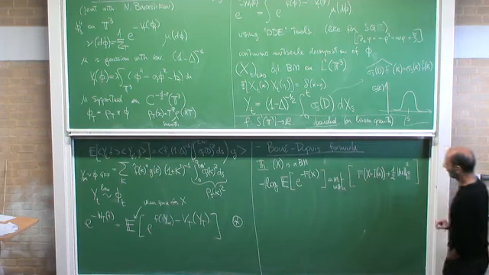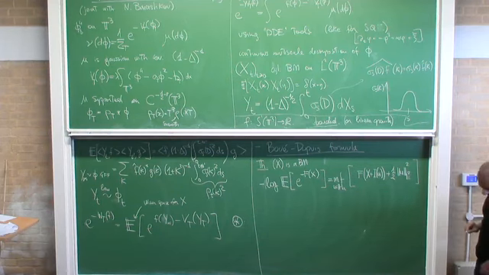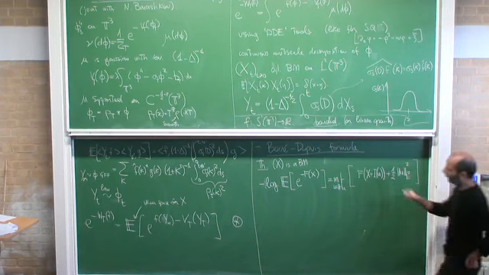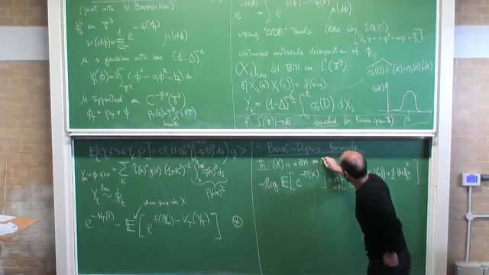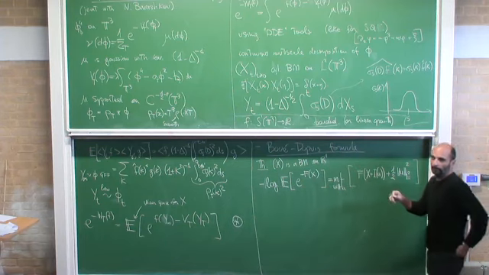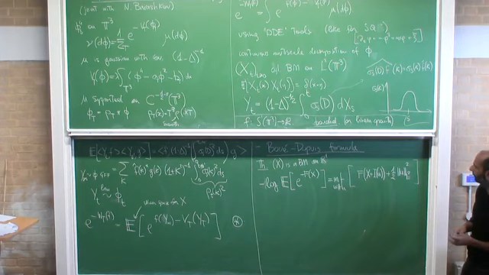Let's think about it in finite dimension. So it's a Brownian motion on R^d, but the formula holds in Hilbert space, and we will use it.